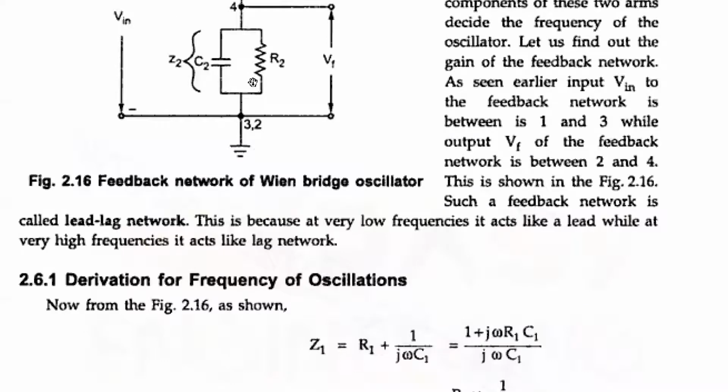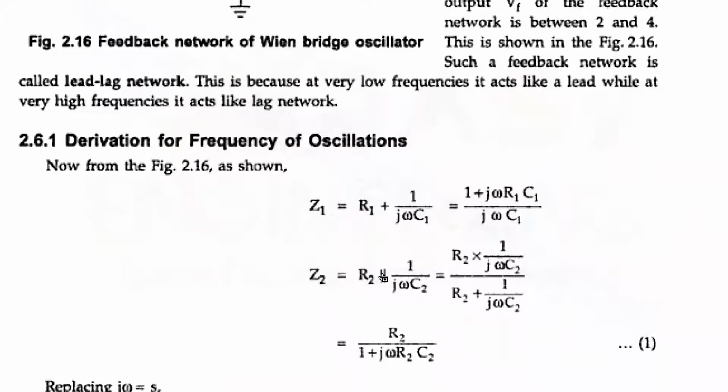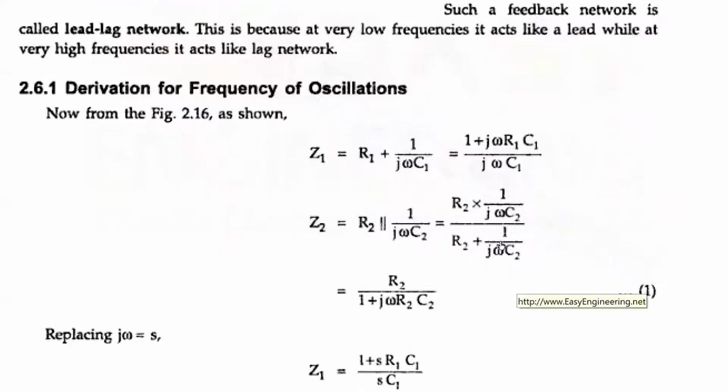Two impedances in parallel: Z1 Z2 by Z1 plus Z2. This is not in proper form, so to bring it into proper form, multiply numerator and denominator both by j omega C2.